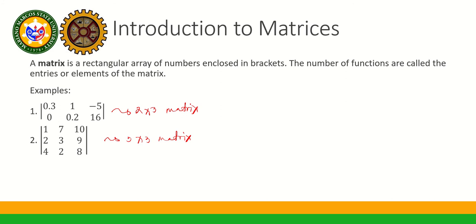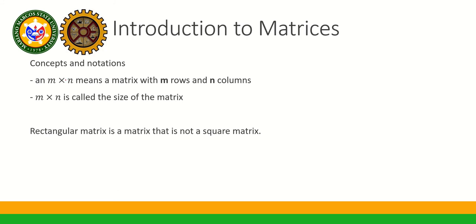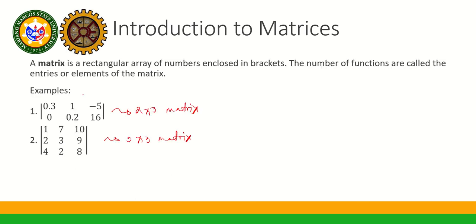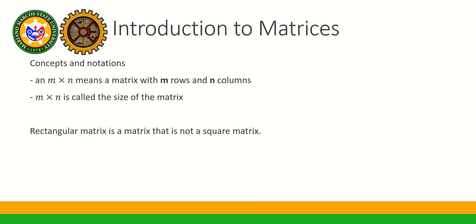So that is how you assign or how you define a matrix. M by N is called the size of the matrix. So size ng matrix na to will be 2 by 3 and ito naman is 3 by 3.